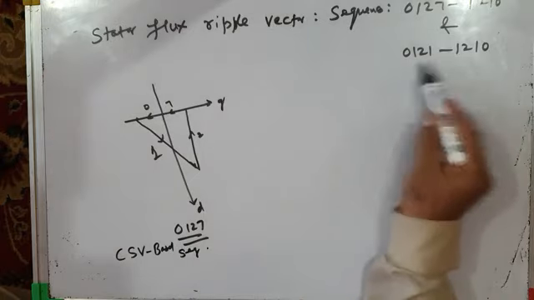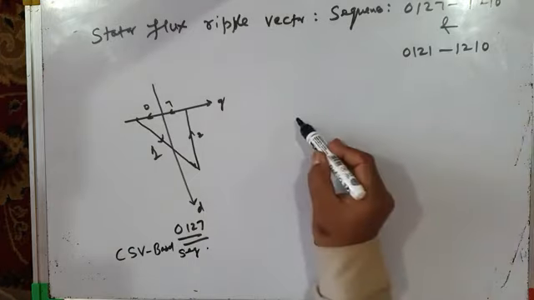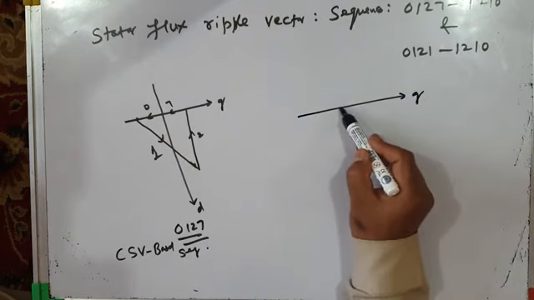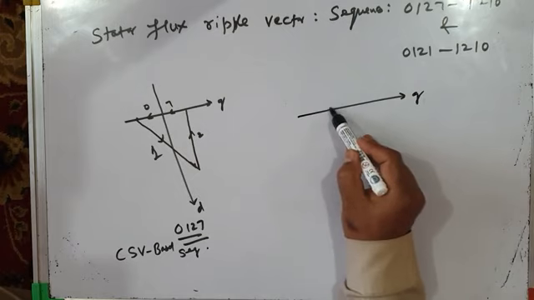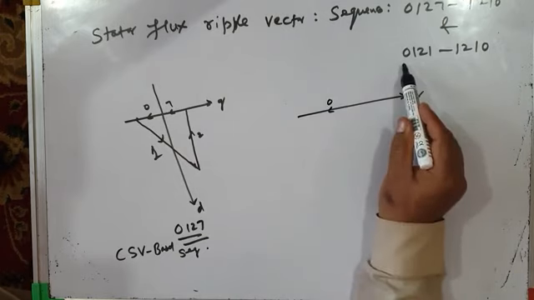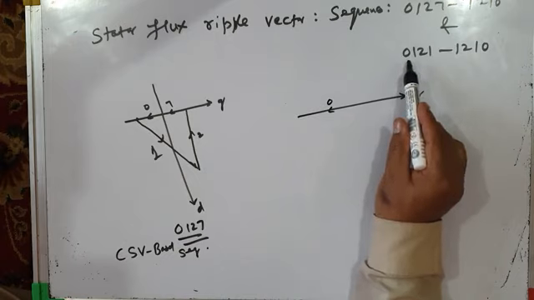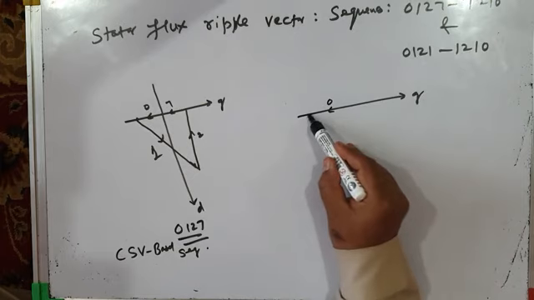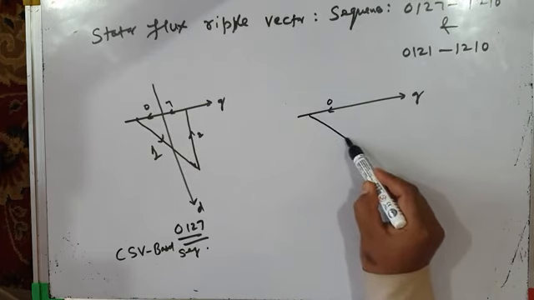And now if you use the advanced bus clamping sequence 0121, this is my Q axis. 0 is first used, so let me show you. This is 0. It is used for the full time interval T naught. Then 1 is used, for a shorter interval of time, T1 by 2.